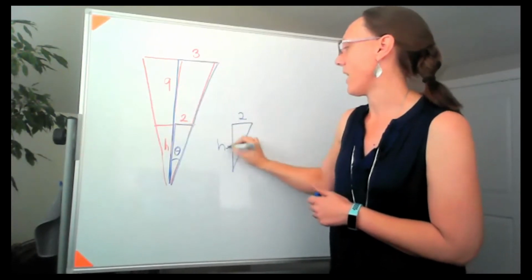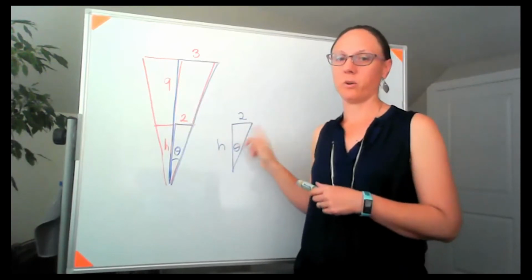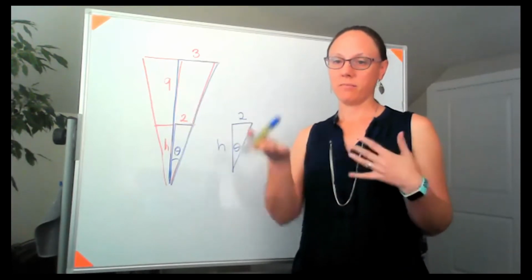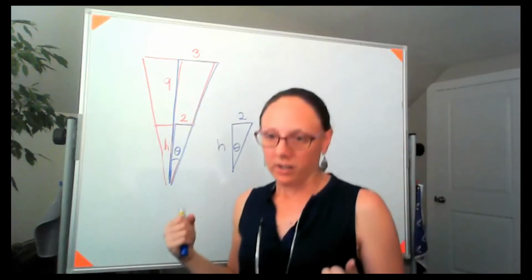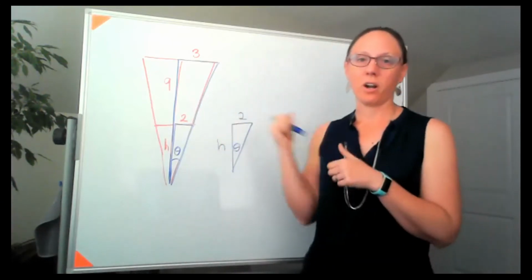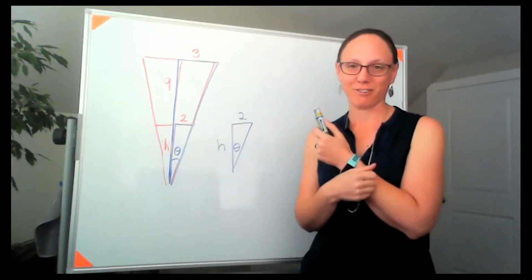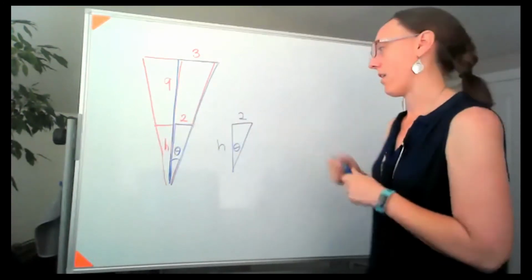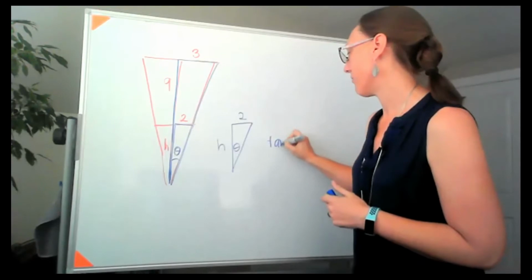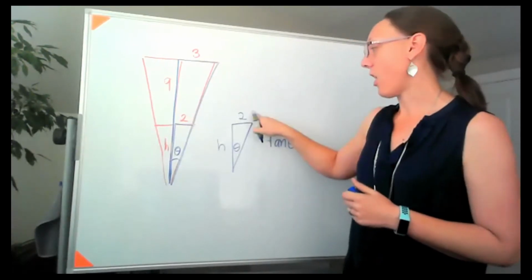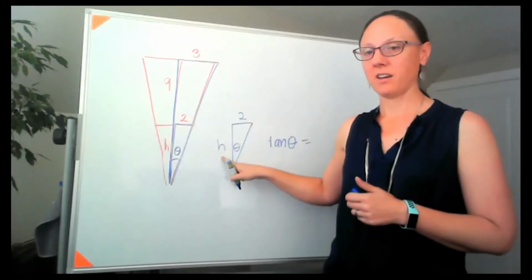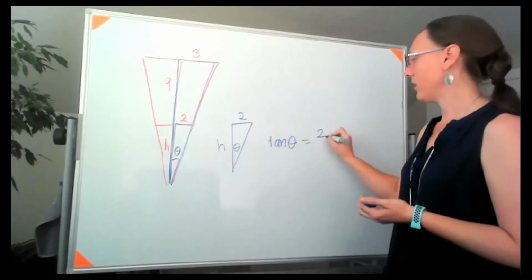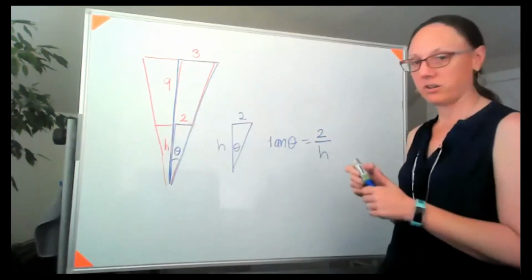That was a 2 and an h. Which trig function would go with these two sides? Awesome. Thank you to Haley for giving us our trig function here. So I know that for this small triangle, tangent of theta would be the opposite side over the adjacent side. So I'd be looking at 2 over h.